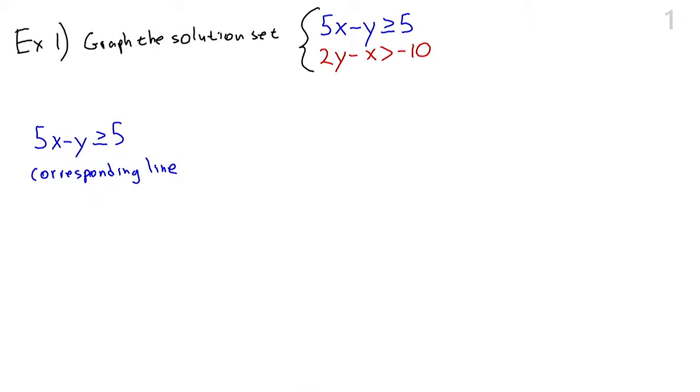The corresponding line is 5x minus y equals 5, and we're going to put that in slope-intercept form because we are interested in graphing it. Dividing everything by negative 1, we have y equals 5x minus 5. And let's graph that.